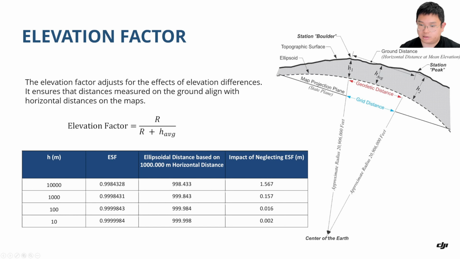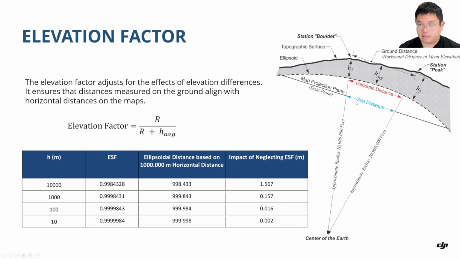So over here, that's the center of the Earth, and this distance over here basically is the approximate radius of our Earth based on the shape of the ellipsoid. And this dashed line over here, which shows the curvature line, that is our ellipsoidal surface. And this straight line over here represents the projection plane.